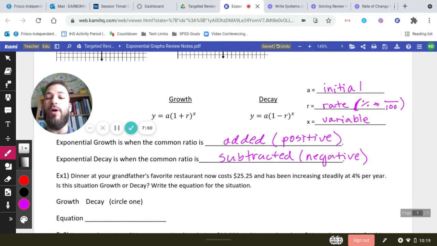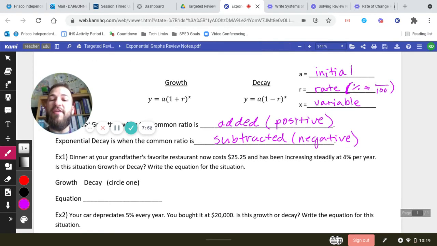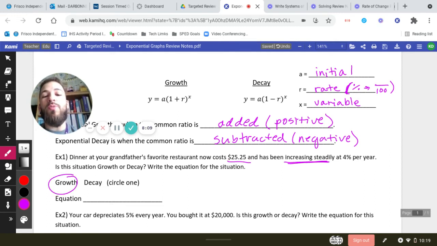So let's look at example 1. Dinner at your grandfather's favorite restaurant now costs $25.25 and has been increasing steadily at 4% per year. Is this situation growth or decay? So increasing steadily definitely means we are growing in costs. So we would say this is growth. Okay. Our initial $25.25, that's our A, 4%.